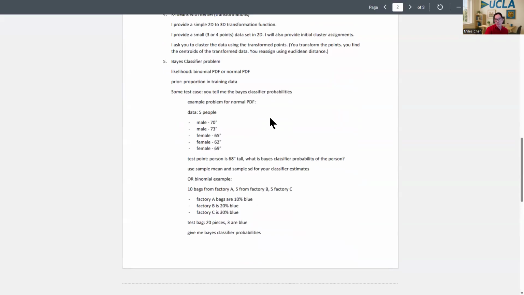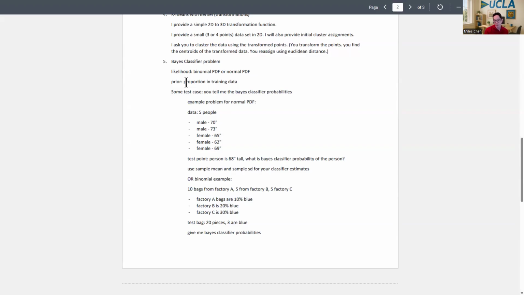Then I have a Bayes classifier problem. Okay, and in this one, I might give you a binomial or a normal distribution as far as the data that you're seeing. And as far as the prior goes, you'll just use the proportion in the training data.